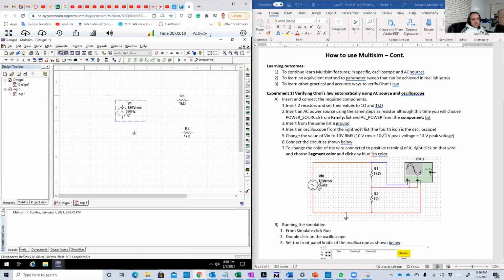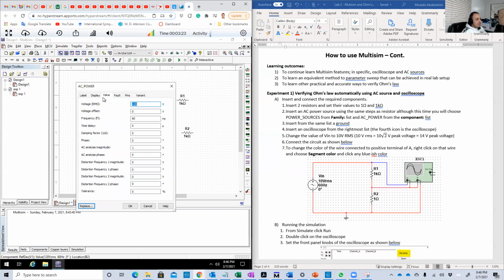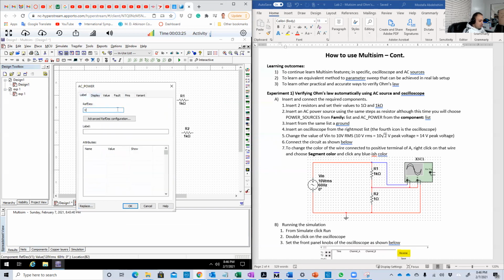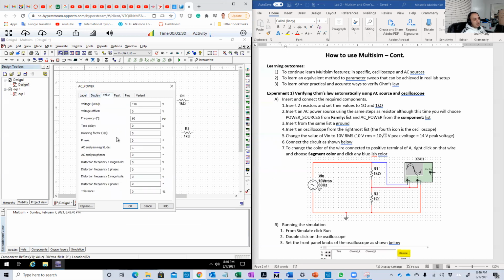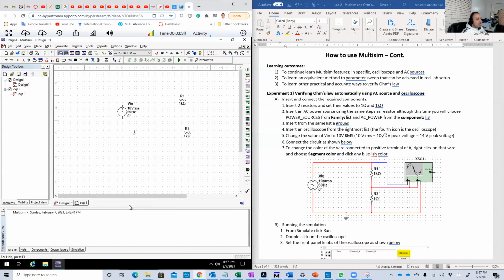We need to change the name of this source to Vn, because I don't like the default naming of V1, and set the value to 10 volt RMS. RMS, for those of you who didn't study AC circuits before, is just a unit of measure.